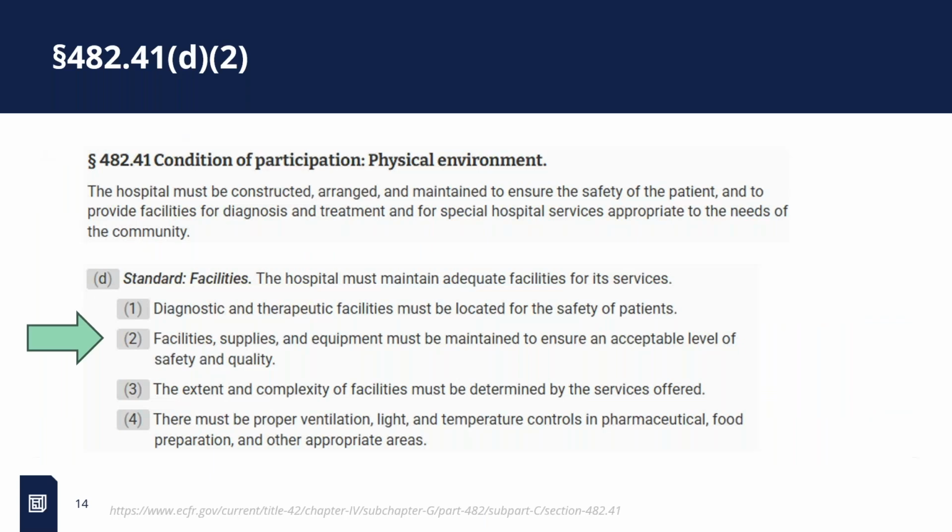So basically, this is the hospital must be constructed, arranged, and maintained to ensure the safety of the patient, and provide facilities for diagnosis. So it lumps together, actually, there's no specific medical equipment section. Facilities and HTM are included in the same space now under the Joint Commission.